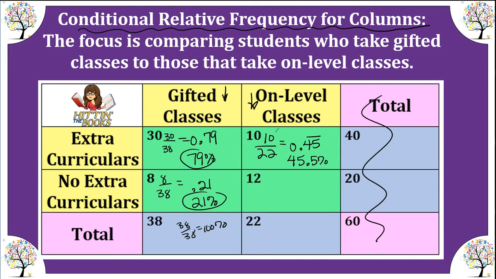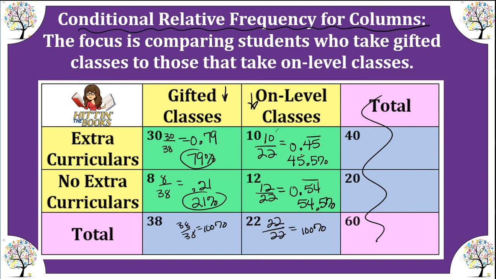You could put 45 repeating. Then out of those 22 folks that are in on level, 12 have no extracurricular. So 12 divided by 22. This time it gives us 0.54 repeating times 100, and that moves our decimal. So I'm going to say 54 point, and again, I'm going to round, percent. And then 22 out of 22, of course, is 100%.